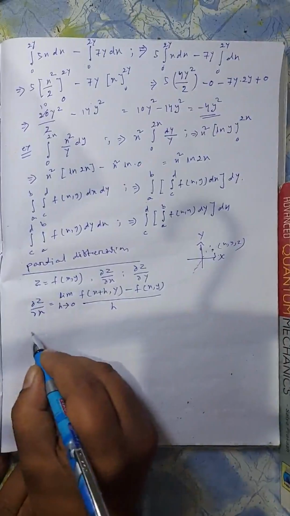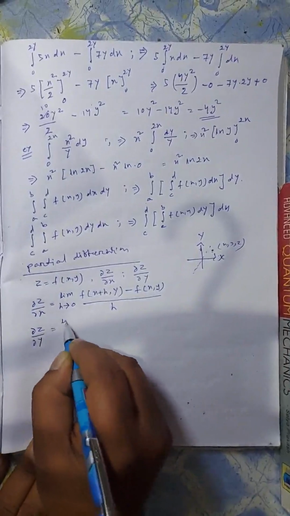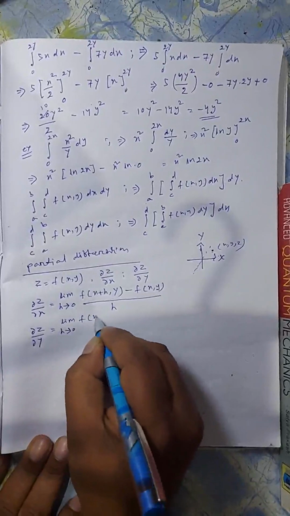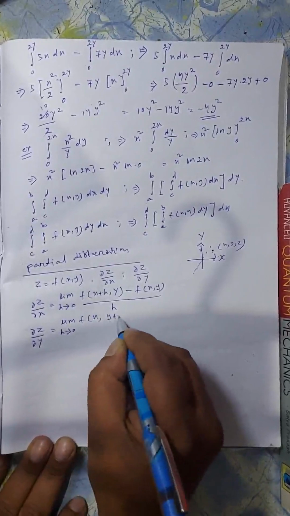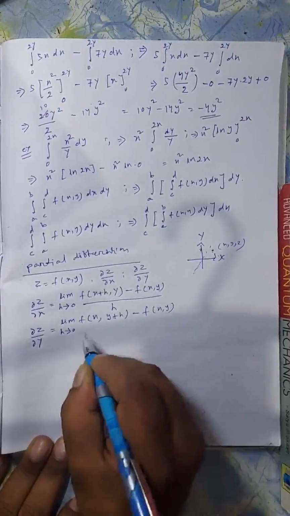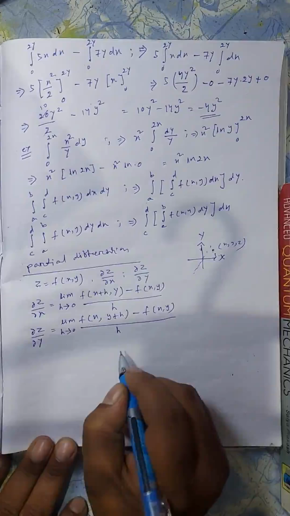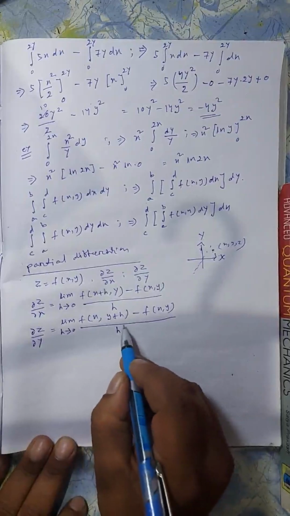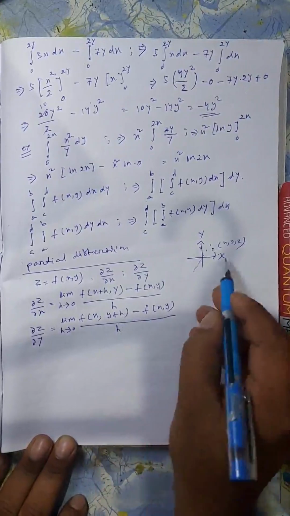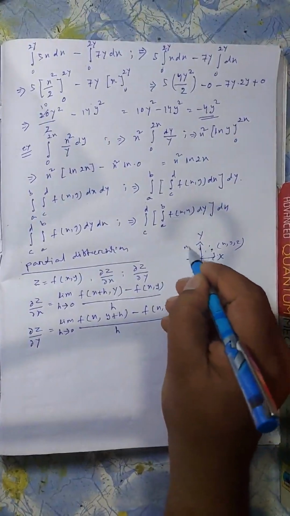Okay, similarly, if we differentiate dou z with respect to y, limit h tends to 0, f of x is kept constant, y plus h minus the same function whatever we take, we subtract this one, then divided by h. Okay, this is also the slope of the tangent with respect to the y axis, f of x y at any point, suppose any point here x y z, in 3 dimensions.